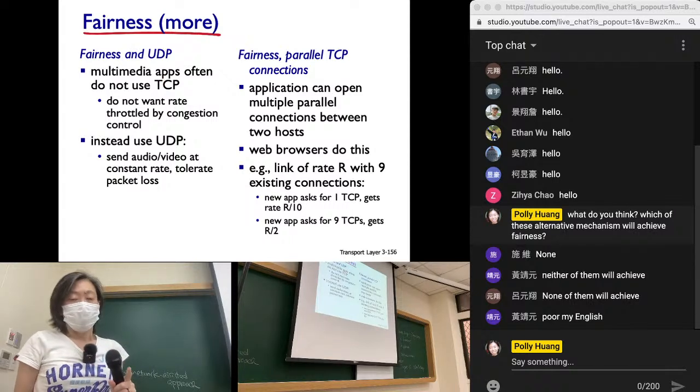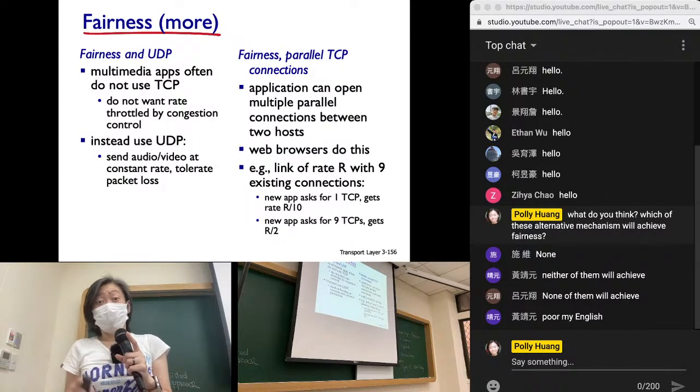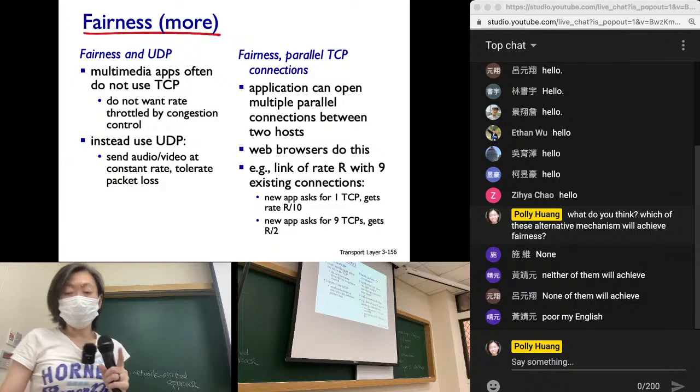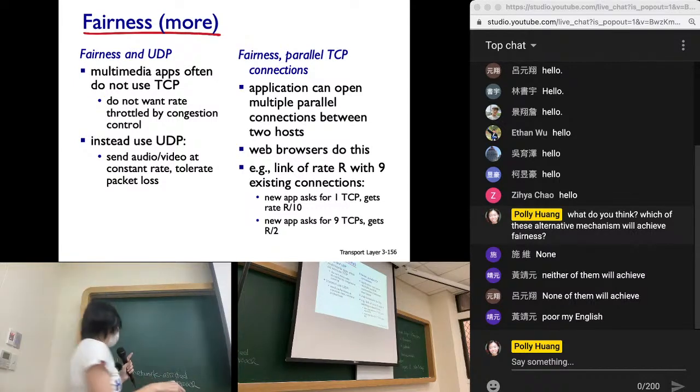Okay. So in order to make UDP a little bit more fair to TCP, people actually try to model TCP's average throughput.